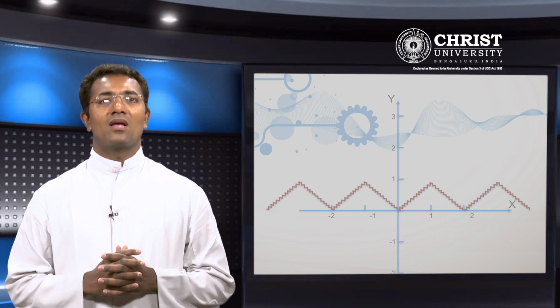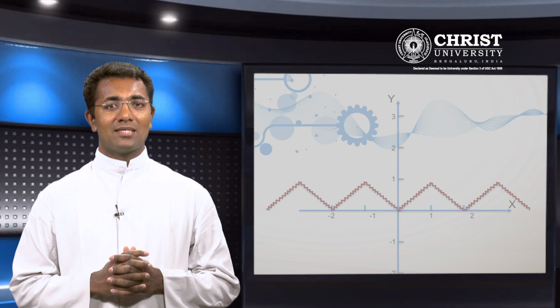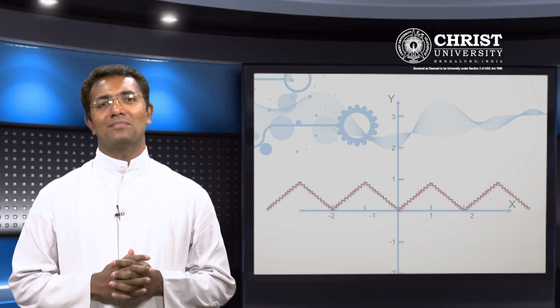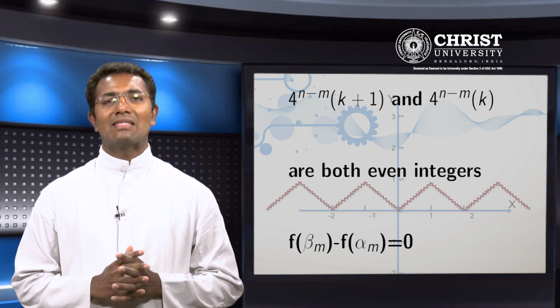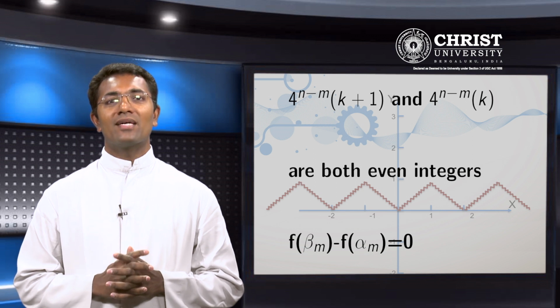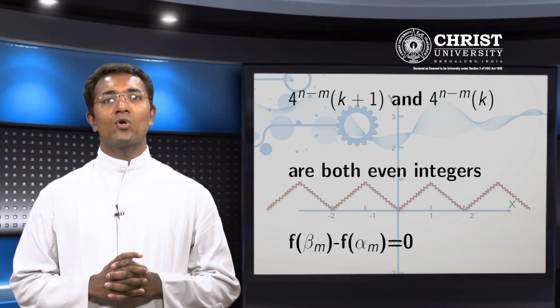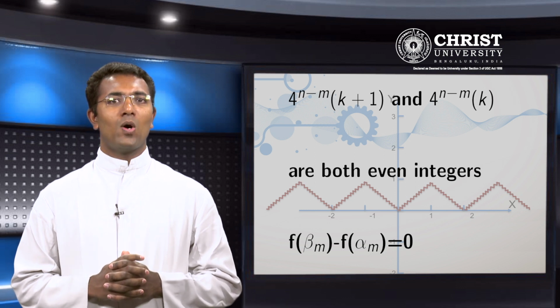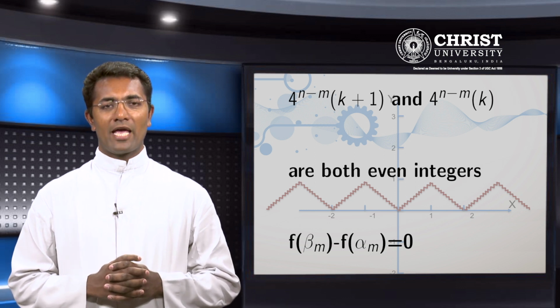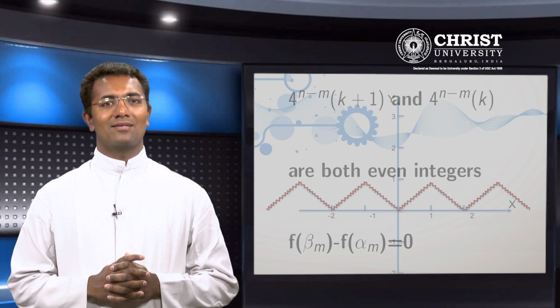That is phi of an even integer minus phi of another even integer. But when we see the properties of phi, we had seen that phi of an even integer is always 0. Therefore, both are 0 and hence all terms in the sum from m plus 1 vanish.